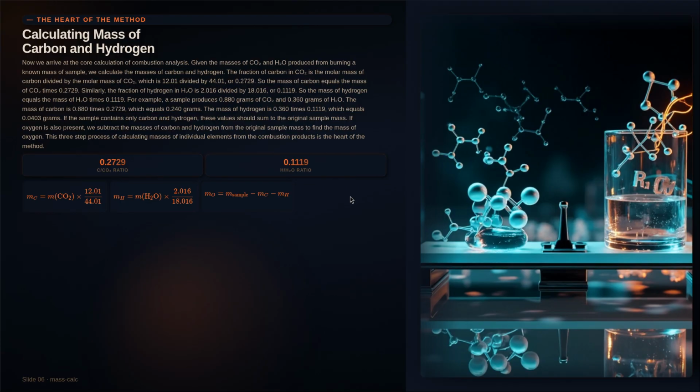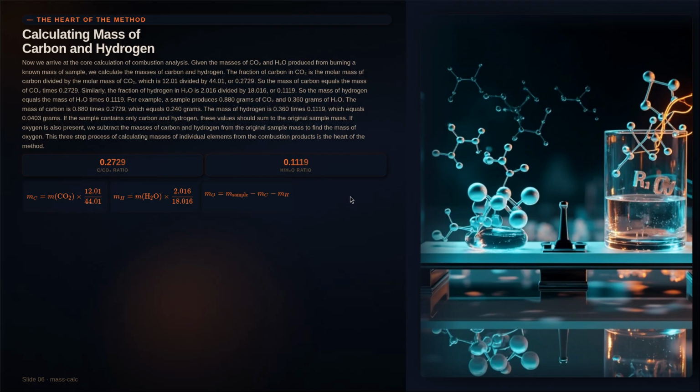The fraction of carbon in CO2 is the molar mass of carbon divided by the molar mass of CO2, which is 12.01 divided by 44.01, or 0.2729. So the mass of carbon equals the mass of CO2 times 0.2729.